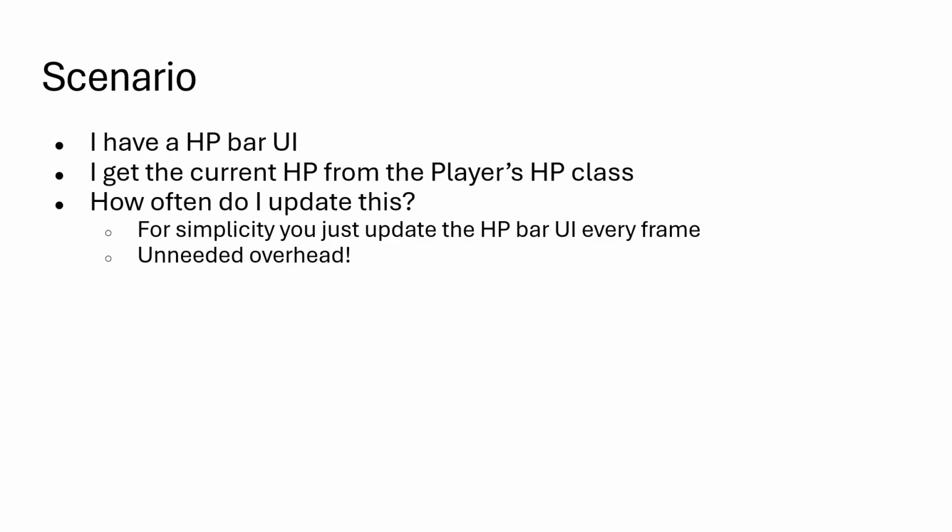Except when you have a lot of these kinds of things happening, where you update a new value for a different class every frame, it's going to cause a lot of unnecessary overhead. And it might slow down your game if you have like hundreds of classes.